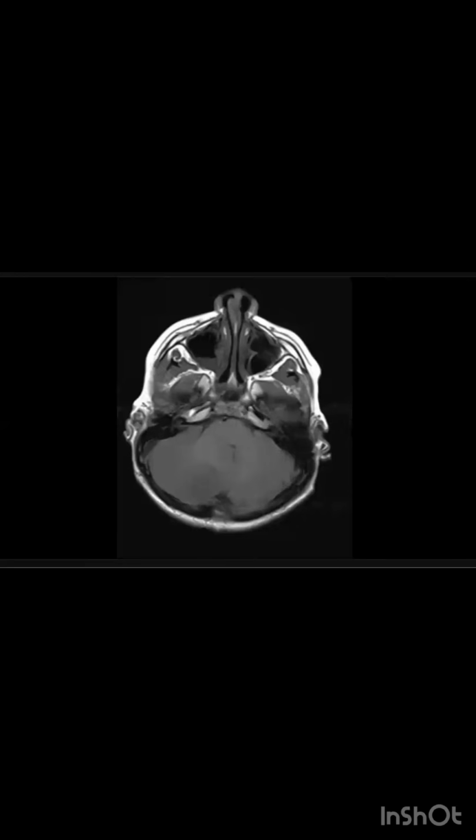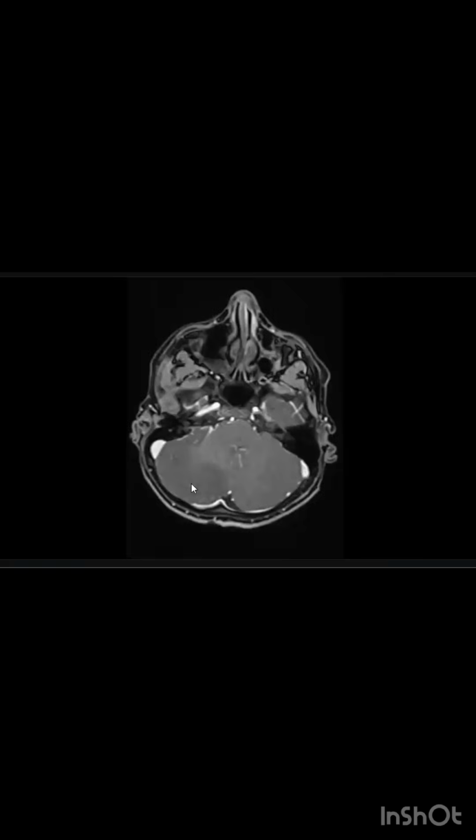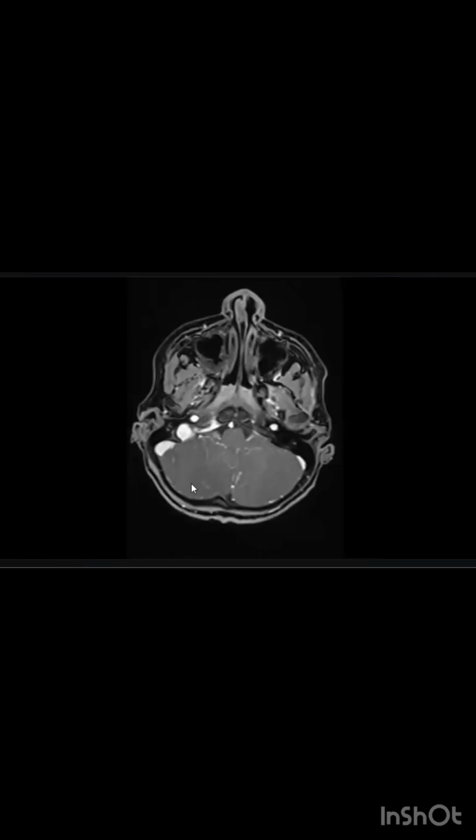We go for diffusion, no diffusion restriction, which excludes stroke. Also, post-contrast study, not so much enhancement. So it was a case of acute cerebellitis, and this case is mostly also a viral infection. This case will be managed conservatively and may be self-limiting.